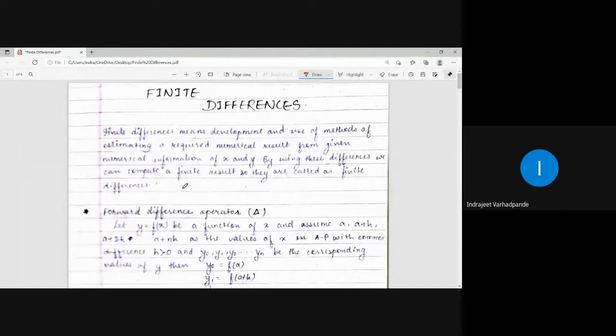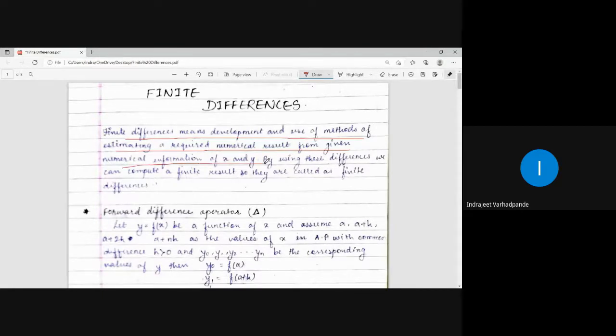So, why is there a need, or why do we have to study this particular topic? Finite differences means development and use of methods of estimating a required numerical result from given numerical information of x and y.